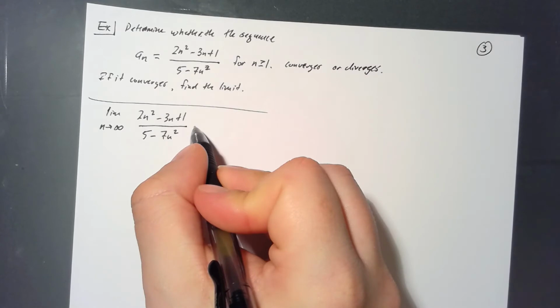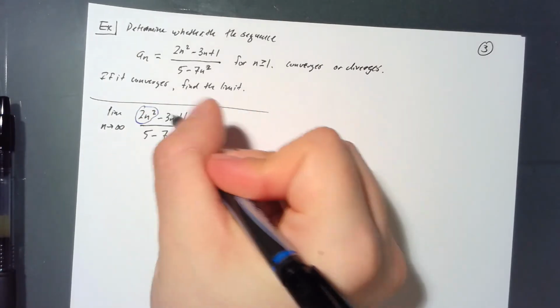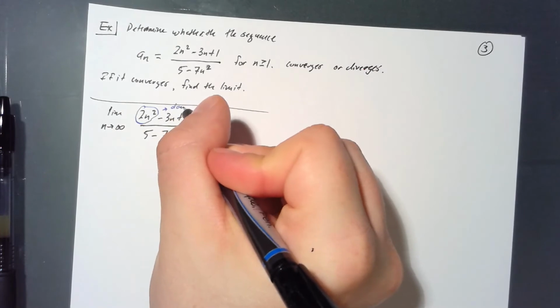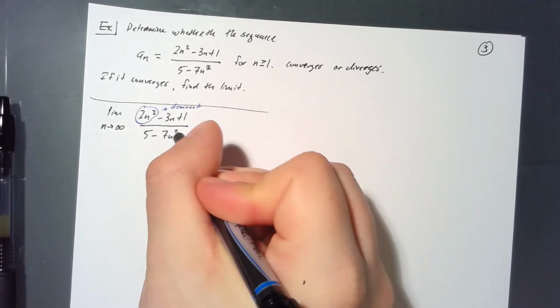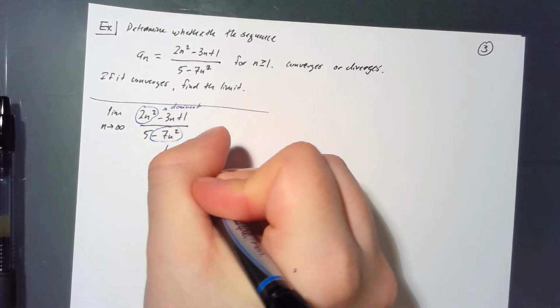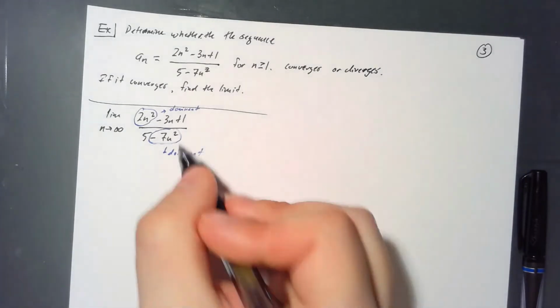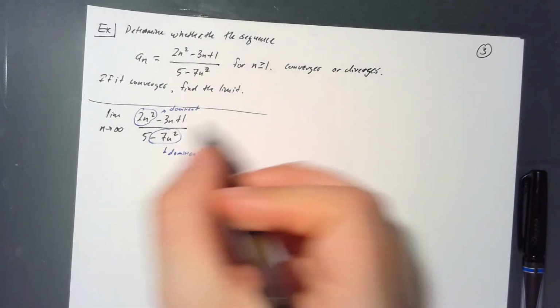The coefficients of the largest terms in the numerator and denominator are 2 and -7. So this right here is the dominant term in the numerator, and this is the dominant term in the denominator. You could just compare the ratio of their coefficients, which is 2 over -7.